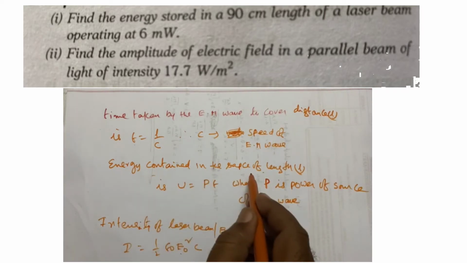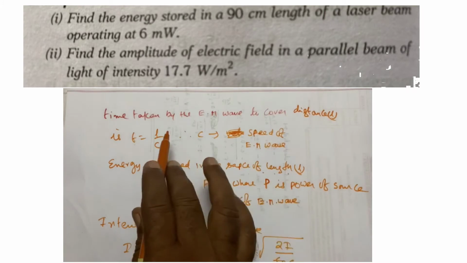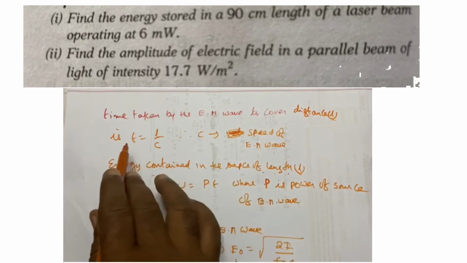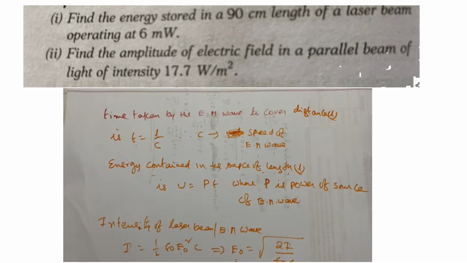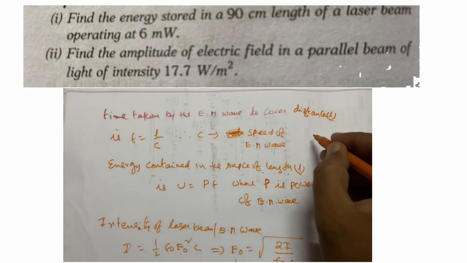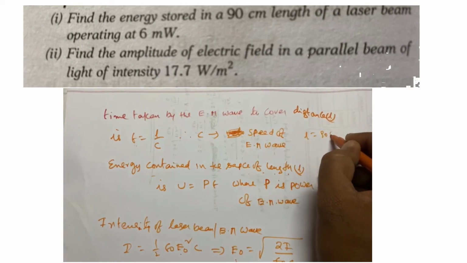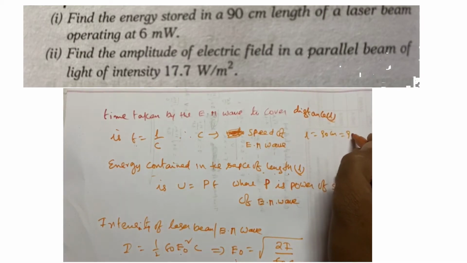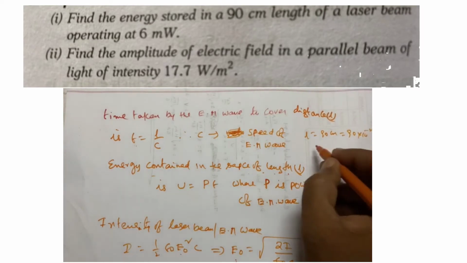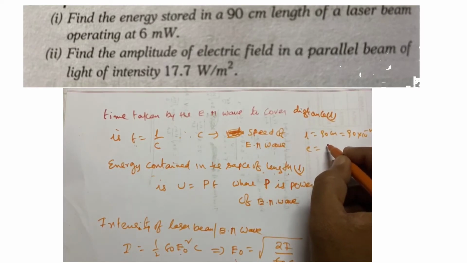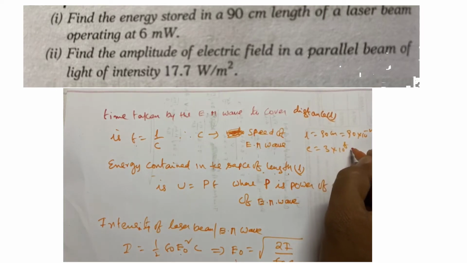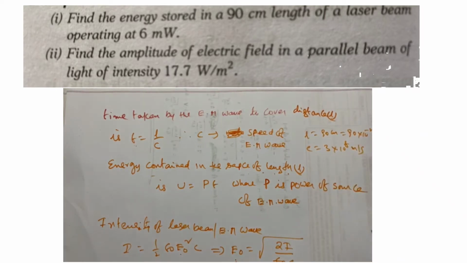Energy contained in the space of length L, and the time taken by the EM wave to cover the distance L. Here L equals 90 centimeter, 90 into 10 to the power of minus 2 meter. The speed of the EM wave equals 3 into 10 to the power of 8 meter per second.